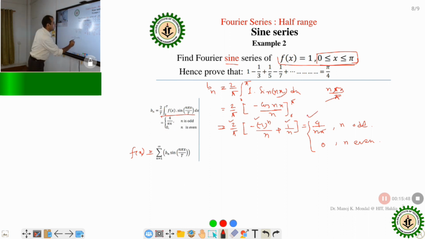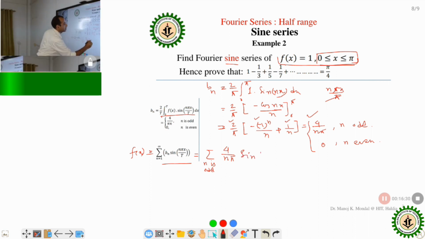Now we put bn in the given series, f(x) equals the summation of bn sin(n pi x by l), that is, summation n equal to 1 to infinity of bn. Here only the odd values survive, so we consider only n odd, with bn equal to 4 by n pi, times sin nx.